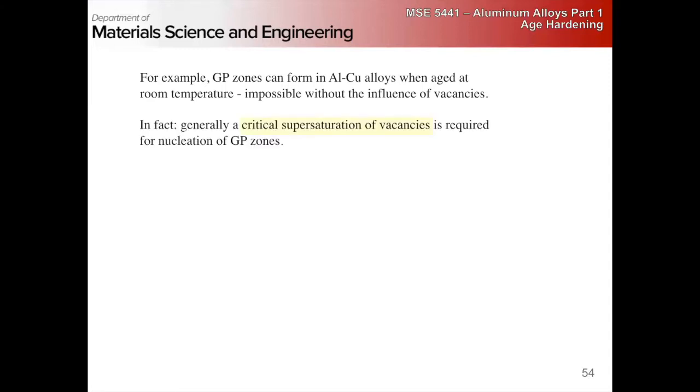So in general, we need a critical supersaturation of vacancies for the nucleation of GP zones, no matter what our aluminum alloy is, if it's an alloy that is heat treatable and forms secondary phases.